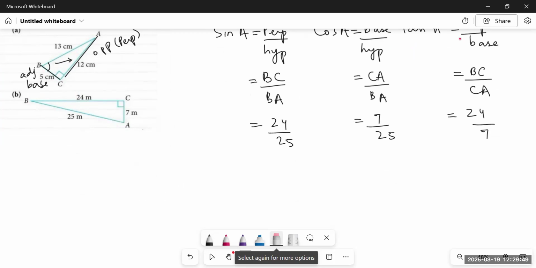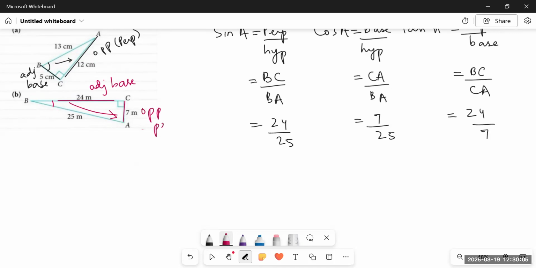First of all, let us mark them. So, since we are taking B as the angle now, this would be the adjacent side, that is the base. And this would be the opposite side, right? That is the perpendicular. And this would remain the hypotenuse. So the formulas would be like sine B, perpendicular upon hypotenuse.